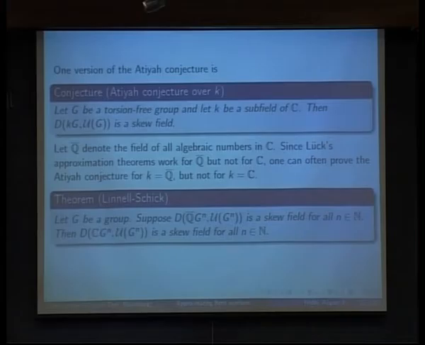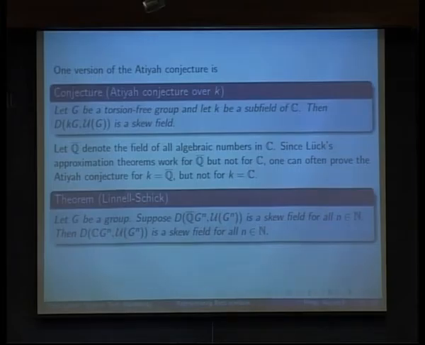So we have the following result. Supposing G to the n denotes the direct product of n copies of G, and supposing the Atiyah conjecture is true for G to the n for all positive integers n.